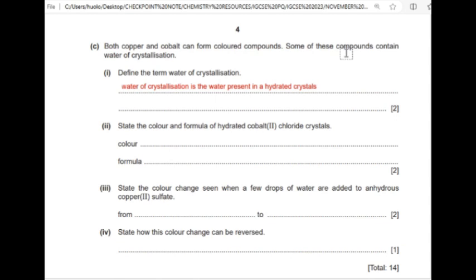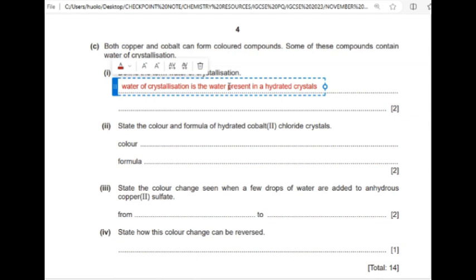Let's add that it is the water molecules. You know, water is a molecule, a covalent compound.